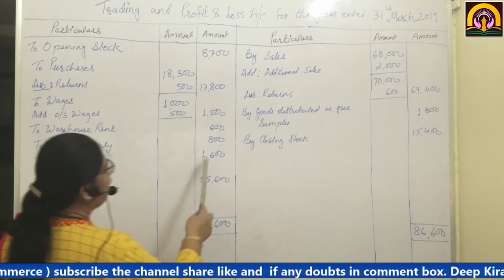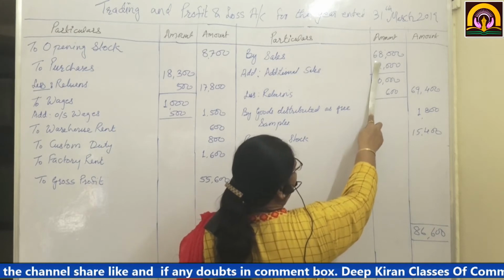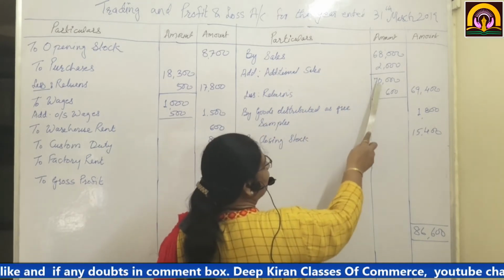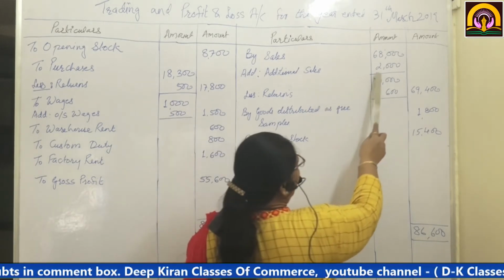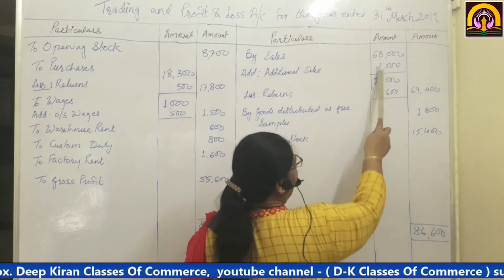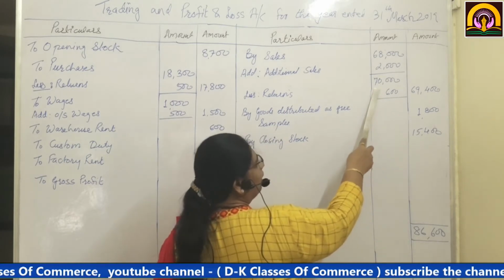Now on the credit side, by sales 68,000. See, add additional sales which were given in the adjustment. These sales were made on 31st March 2019. So 2,000, inner column 70,000. Why have I written it in the inner column?